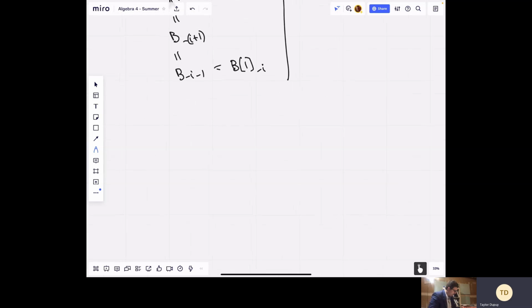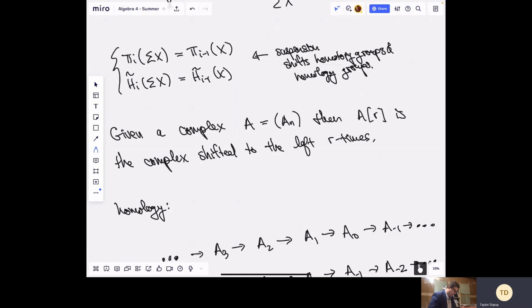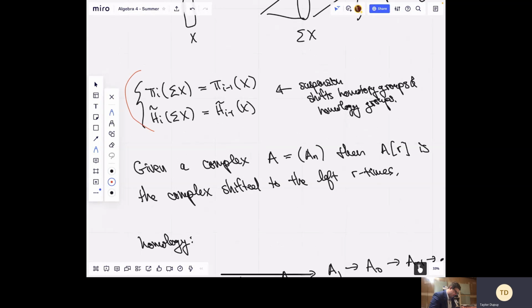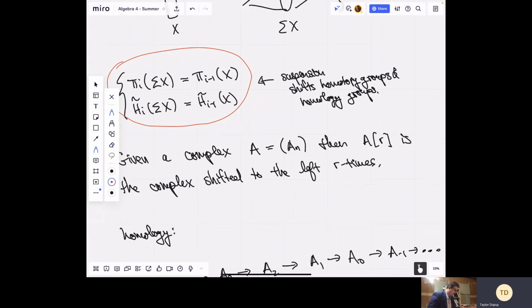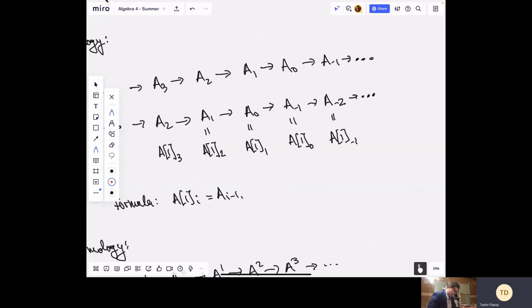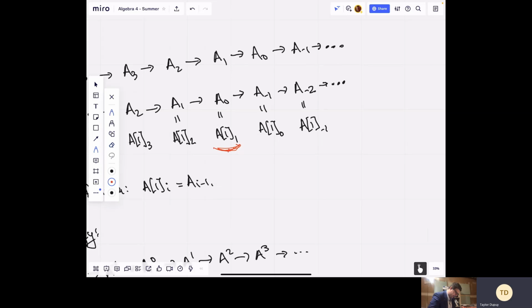So what is the effect of shifting on homology and cohomology? We want something like these formulas here, where suspension has the effect of shifting homology and cohomology. If we were going to compute the zeroth homology here, you'd actually be computing the first homology.